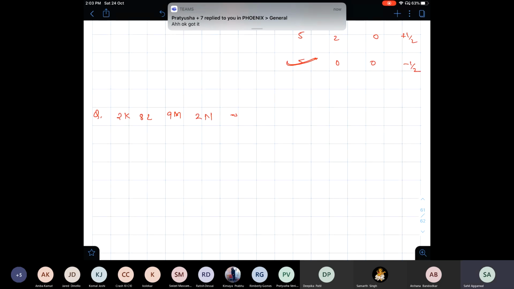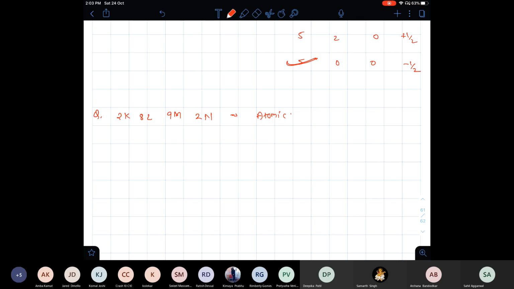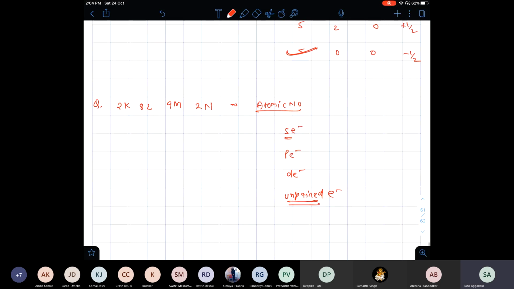Among this, what is the atomic number? S electrons, P electrons, D electrons, unpaired electrons. If this is given, what will be the atomic number?